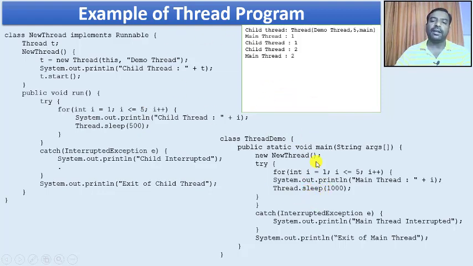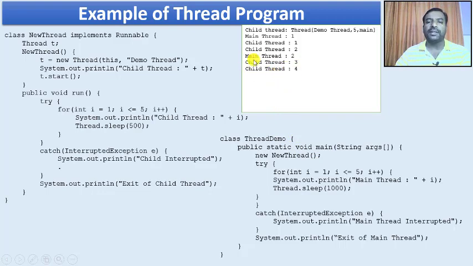Hence I am going to have the main thread come back, and it will go into sleep for 1 second again. I'm going to print the next loop, that is 1 is done and 2 is done. Now I'm going to print 3, and still the main thread is sleeping, hence child thread 4.